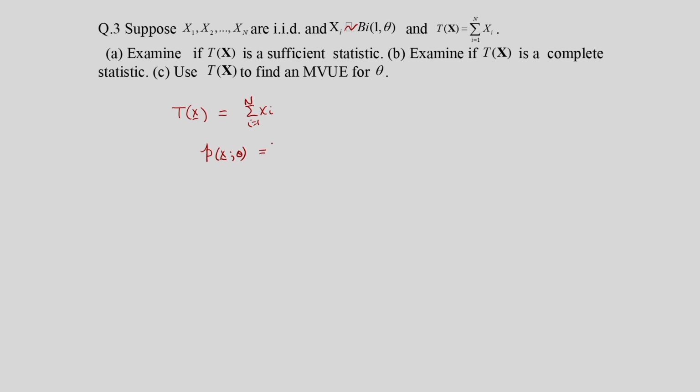That is equal to the product, i going from 1 to n, because of IID and the individual distribution is theta to the power xi into 1 minus theta to the power 1 minus xi.